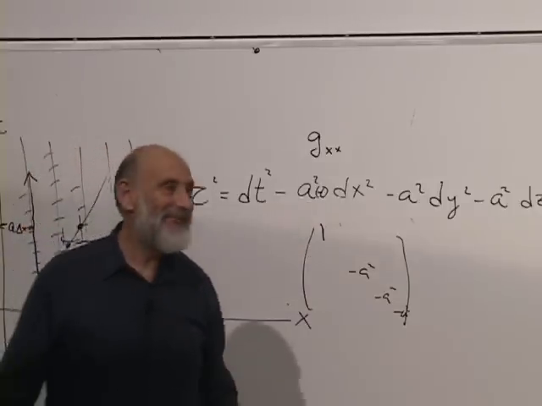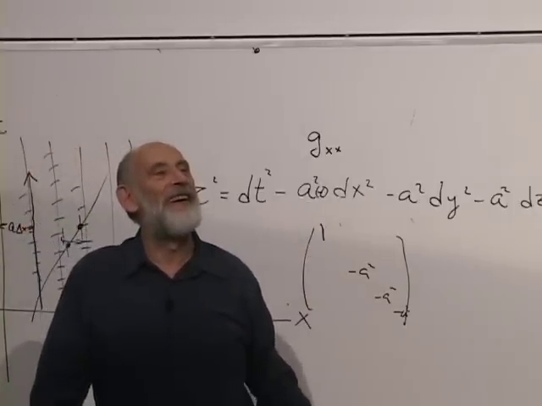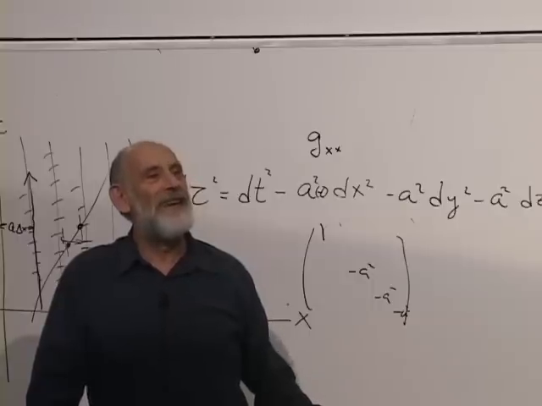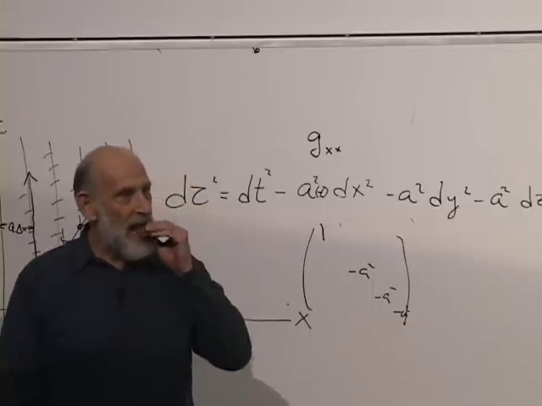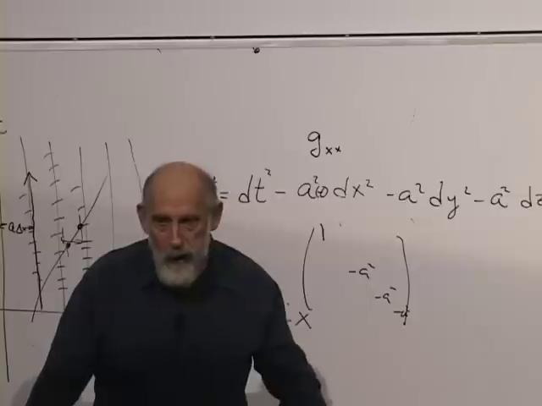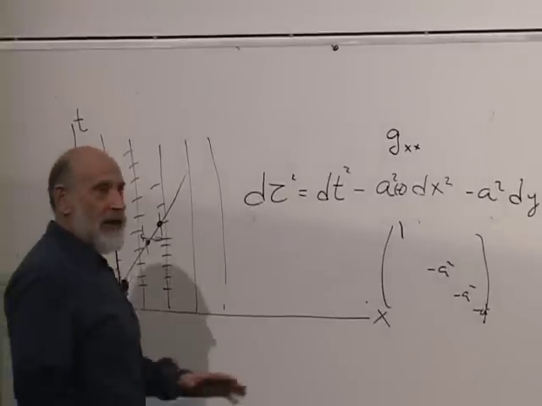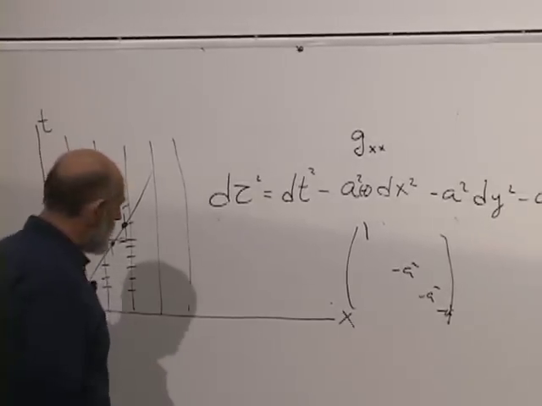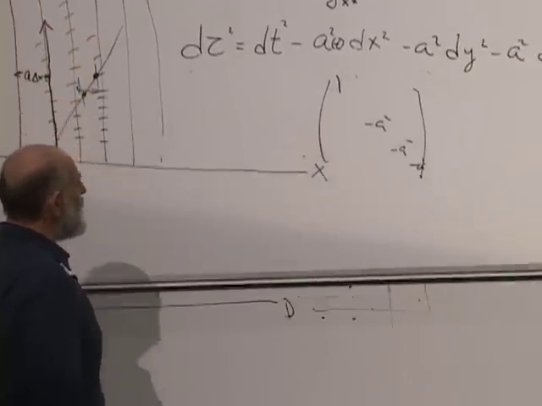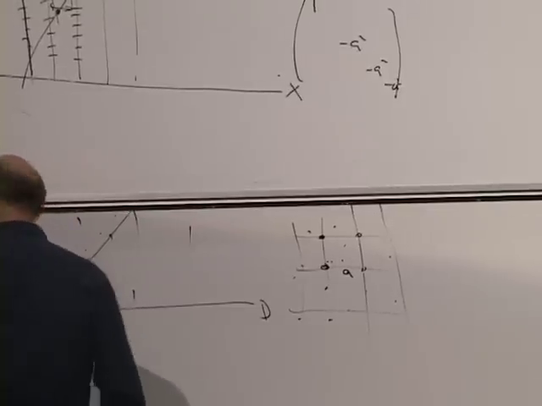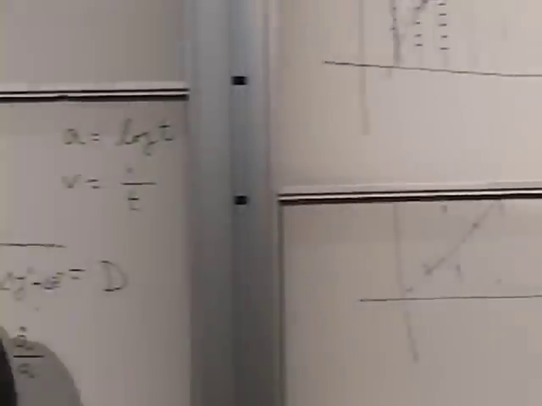The metric coefficient for time is equal to 1. Is that just by convention also? That is a convention. There's no physics in that. Supposing I changed it. Let's change it.